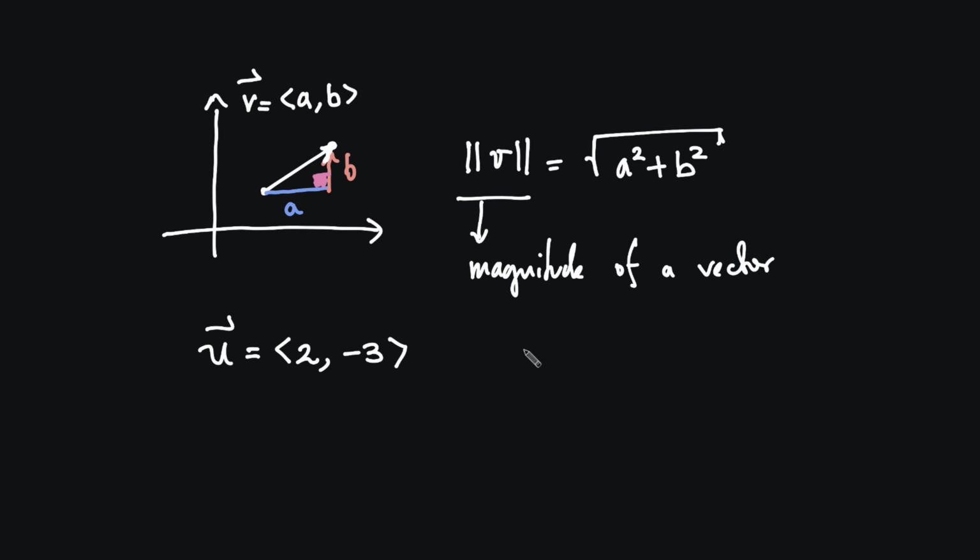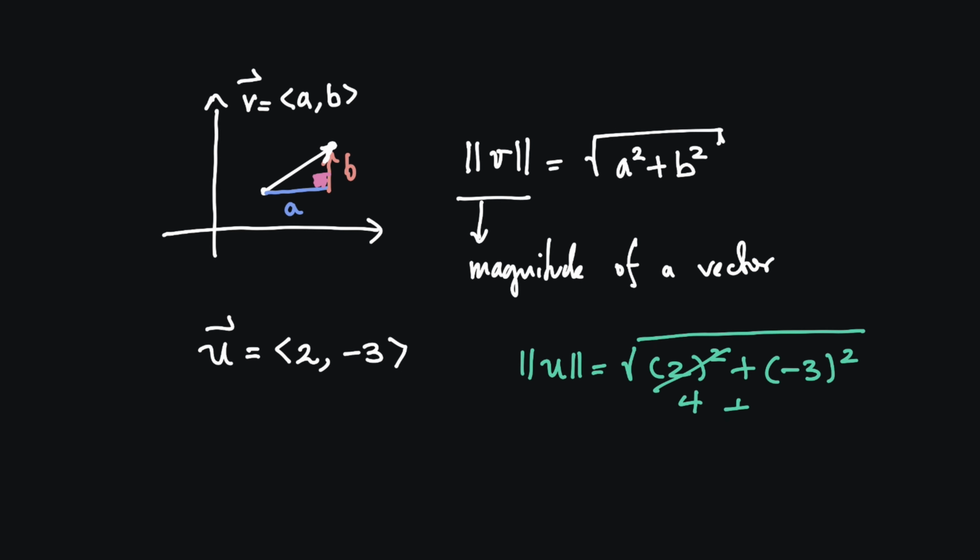So the magnitude of u will be the square root of horizontal component or component x, 2 to the power of 2, plus the vertical component squared, so -3 squared. 2 squared is 4. -3 to the power of 2 is 9. This will be 13. So the magnitude of the vector u is going to be square root of 13.